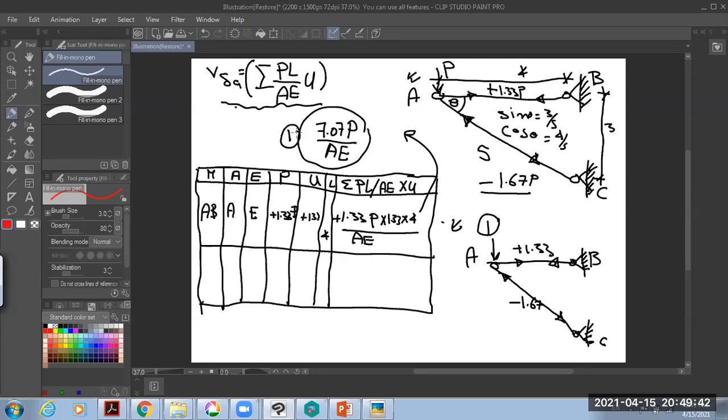Now member AC. Area constant, modulus E constant, minus 1.67 B and minus 1.67 and 5 meter.